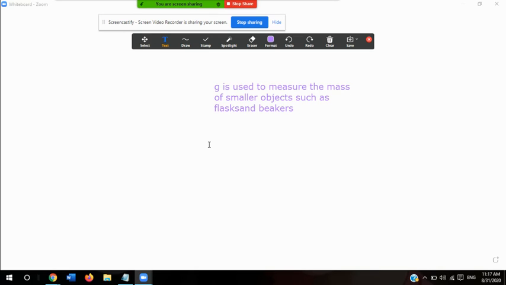Countries like Mexico and other areas of Europe, except for England, use kilograms to measure mass. I think England uses a different measurement.